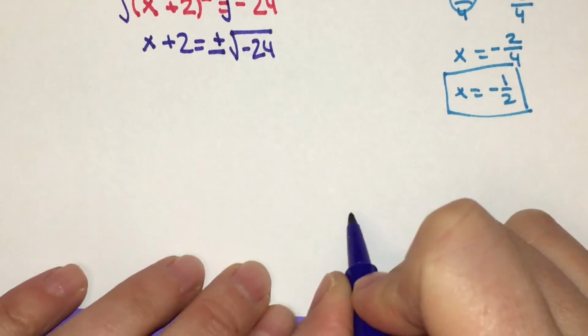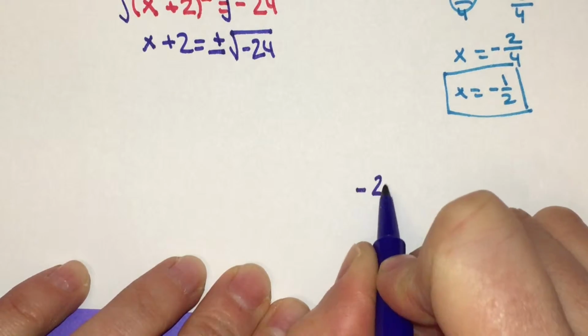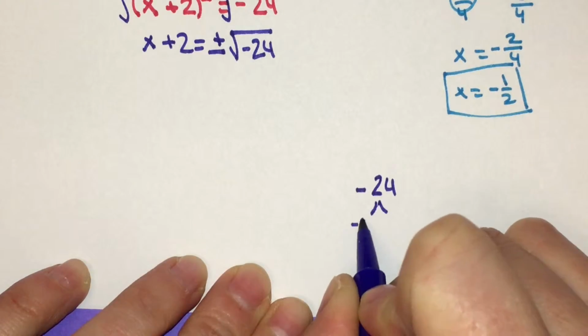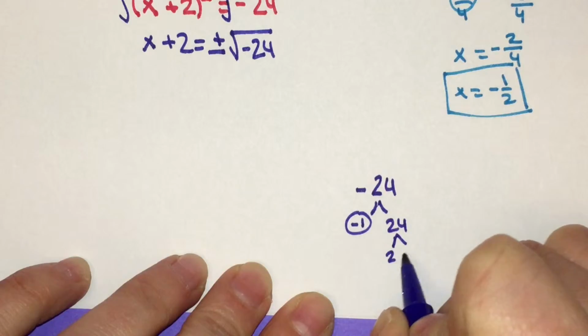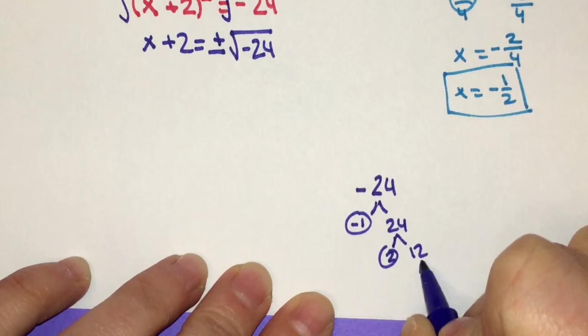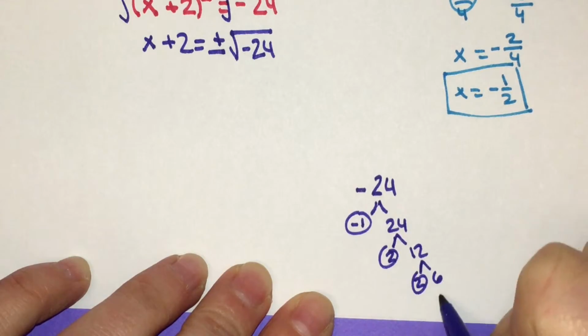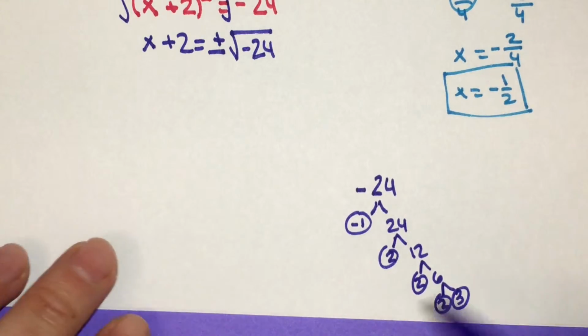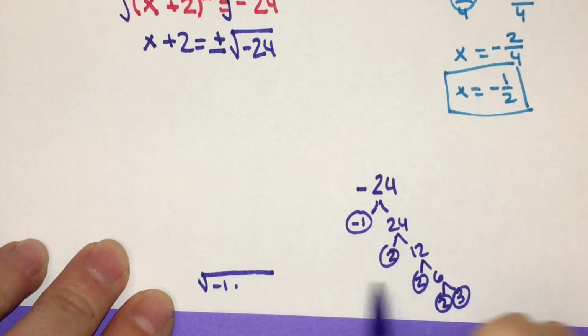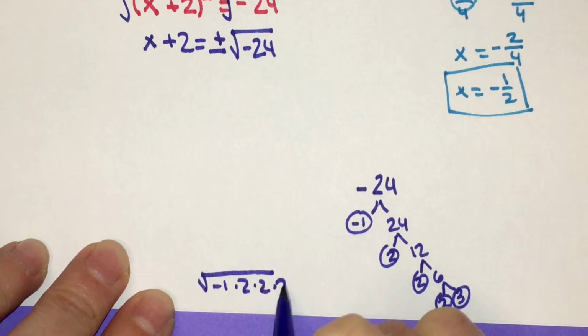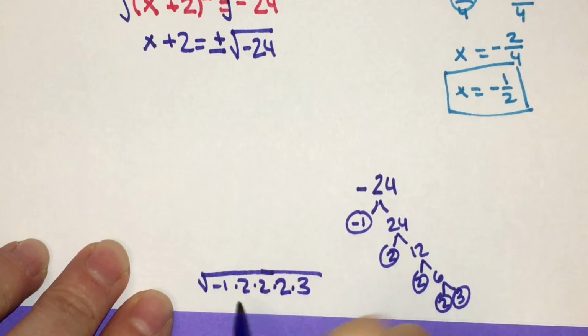All right, so if I break down negative 24, that breaks down to negative 1 times 24. 24 breaks down to 2 times 12. 12 is 2 times 6. 6 is 2 times 3. That means this is the square root of negative 1 times 2 times 2 times 2 times 3.